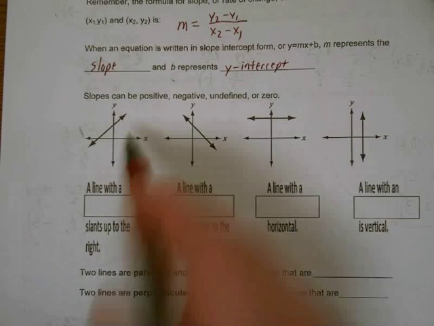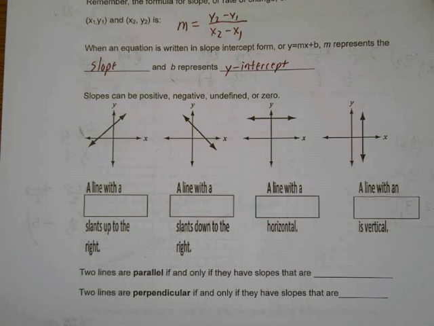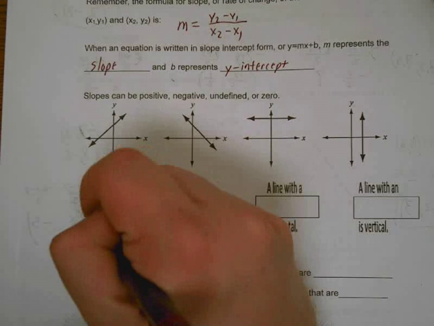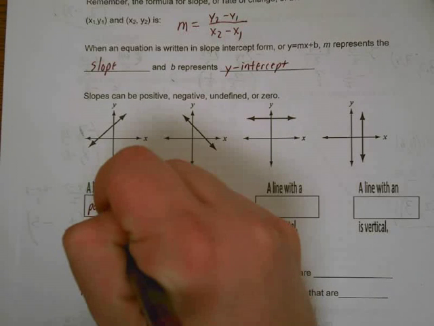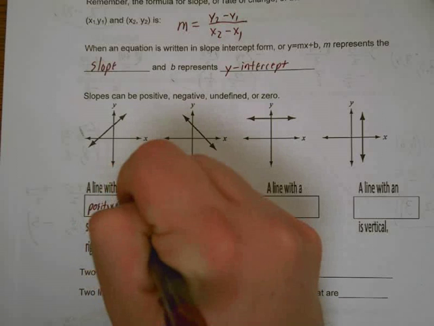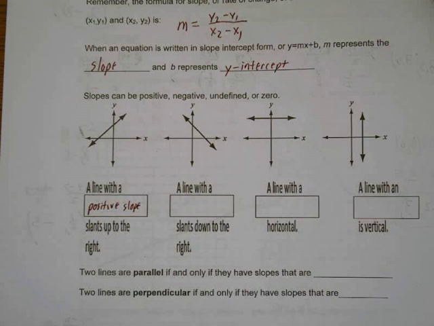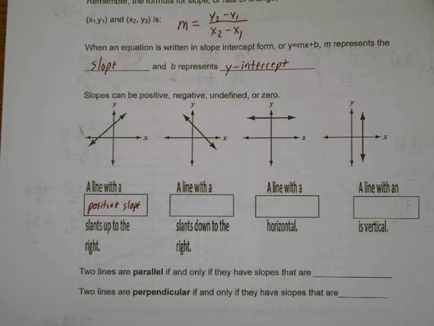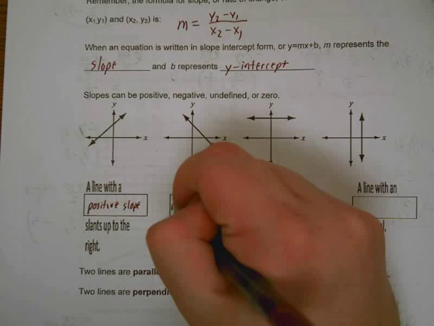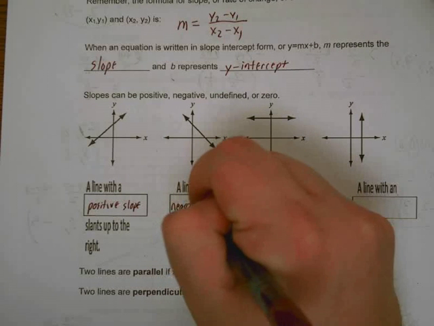If we have a line like this example here, where it's slanting up and to the right, we say that that has a positive slope. Our next line that's slanting down and to the right, we're going to say has a negative slope.